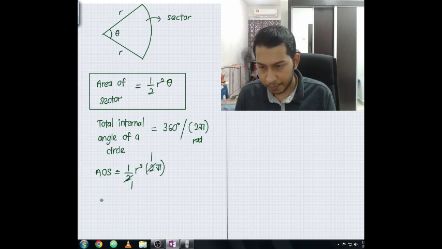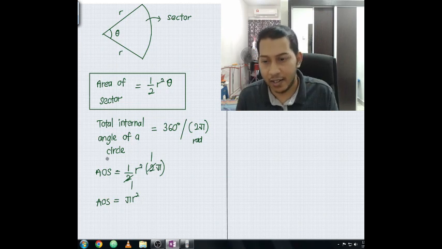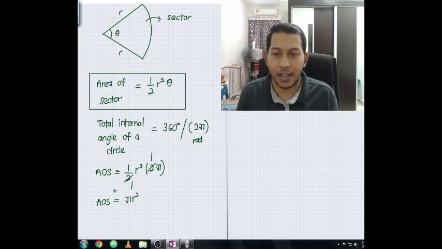So from here your area of sector is equals to pi r square. Quite familiar, right, this formula? This formula is actually the area of a circle.